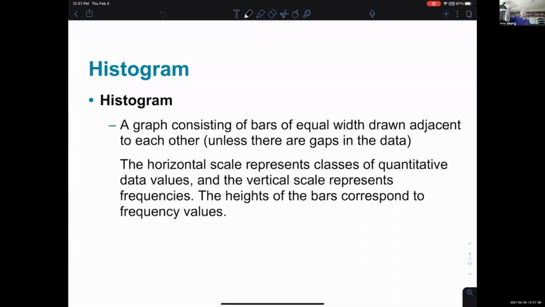Then vertically, up and down, the vertical scale represents frequencies, meaning how many of the data values fell within the class range. So if the first class was 0 to 10, then maybe the height of the bar might go up to 7. And that would show me that 7 of the people that I got the data from were between 0 and 10 years old.